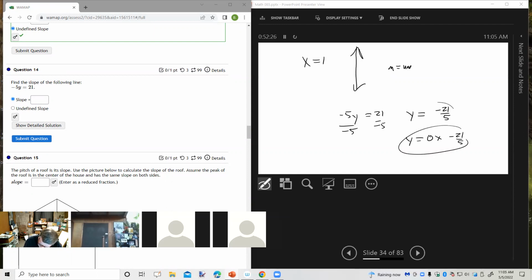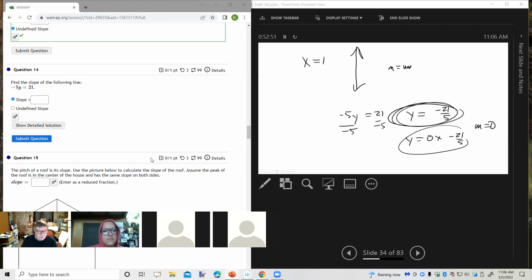Would this be the same as that? Yeah. What's the coefficient of x? 0. Oh, y equals a constant. That's a horizontal line. What's the slope of a horizontal line? 0. Okay, are you seeing how that all kind of fits together?